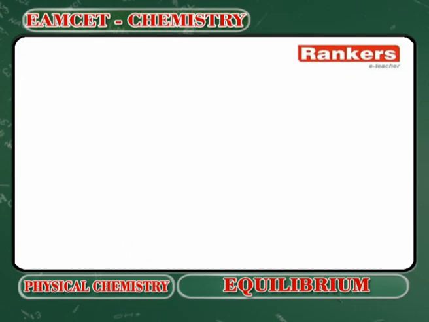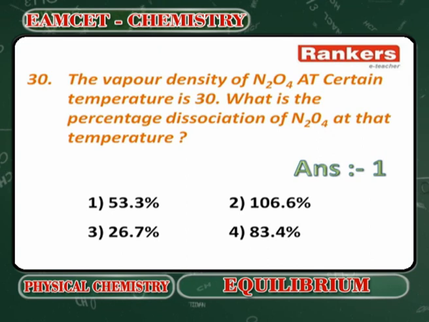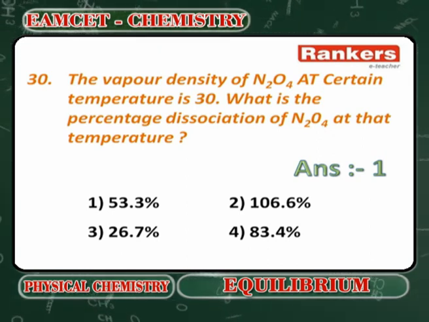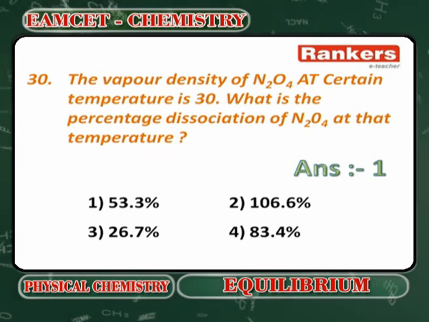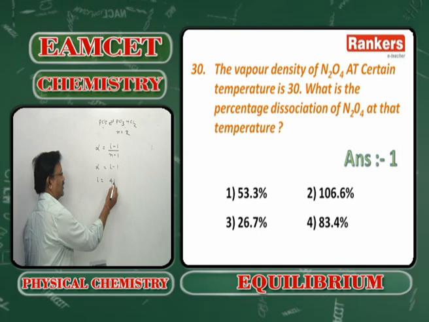Next. What is the percentage dissociation? Same model, this is also the same model. Vapor density of N2O4 is 46. The theoretical vapor density is 46.